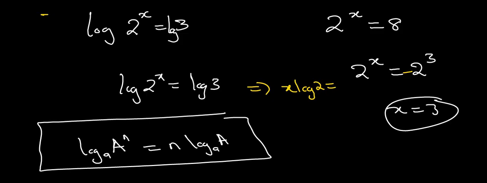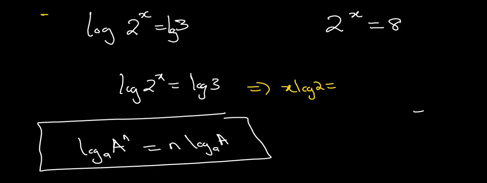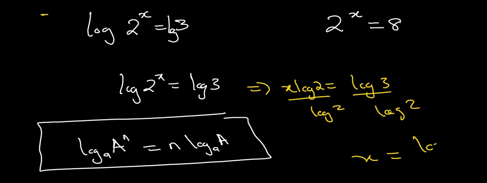Then having a log 3, you divide by log 2 there, meaning x is equal to log 3 on top, then log 2. Because there is no base here, the base is just going to be assumed to be a 10. That's basically what we have.